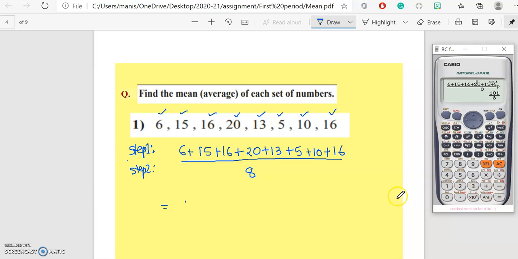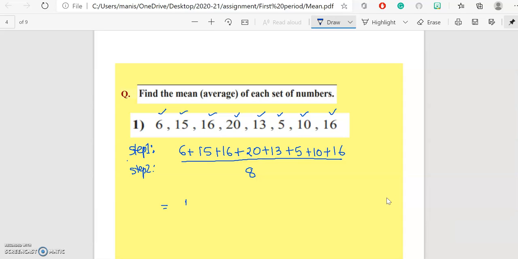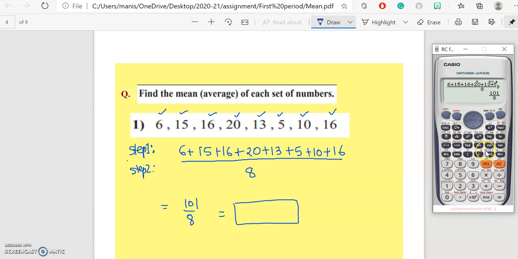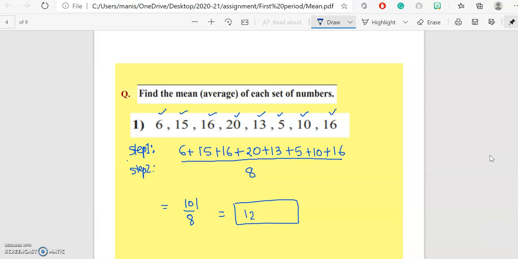My answer is 101 divided by 8. But since I know it is a fraction, I will go back and press this button over here. So my answer is 12.625. So the average or mean for this set of numbers is 12.625.